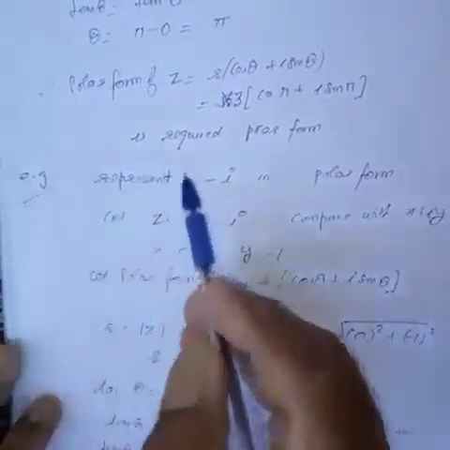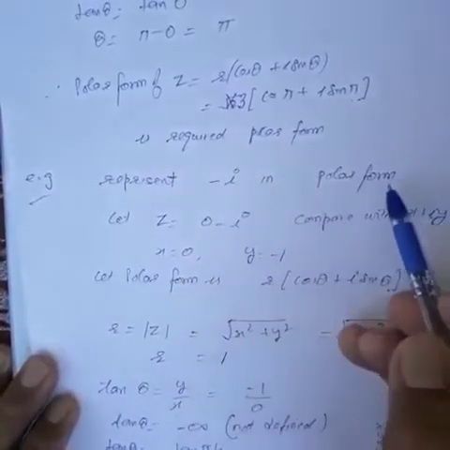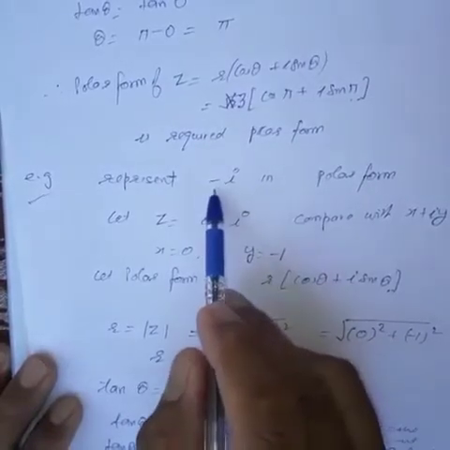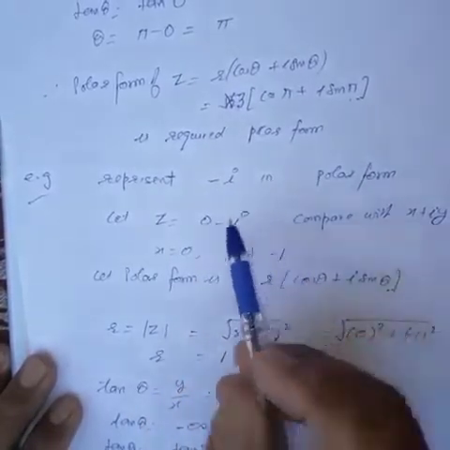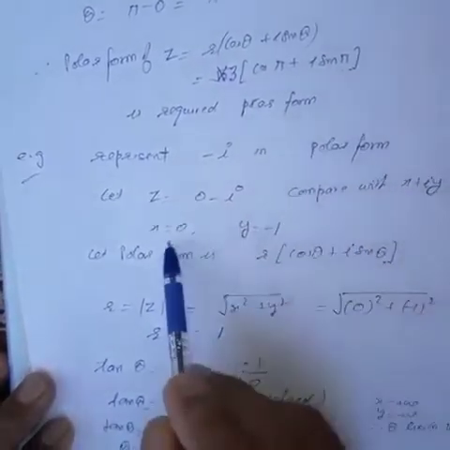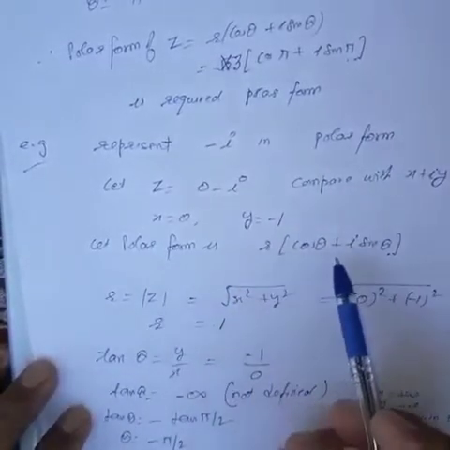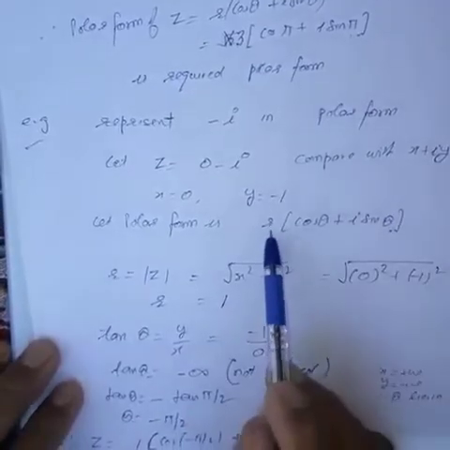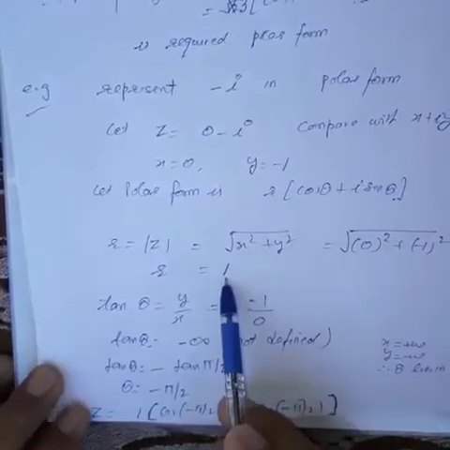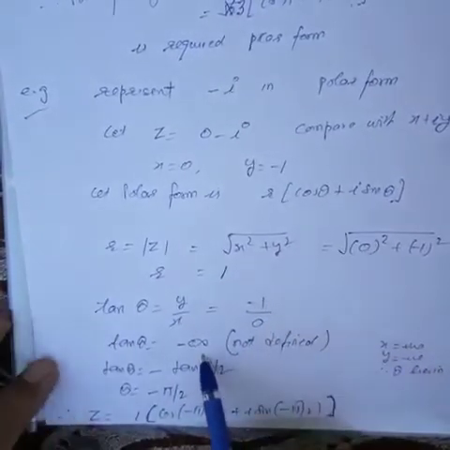Similarly, there is another example. Represent minus iota in the polar form. Let z be 0 minus iota. We will represent this in the standard form of a complex number, which is a plus iota b. Now compare it with x plus iota y: x is 0 and y is minus 1. Polar form is r into cos theta plus iota sin theta. Now find the values of r and theta. r is the square root of x square plus y square, which is 1. Tangent theta is y upon x, which is minus 1 upon 0, not defined.